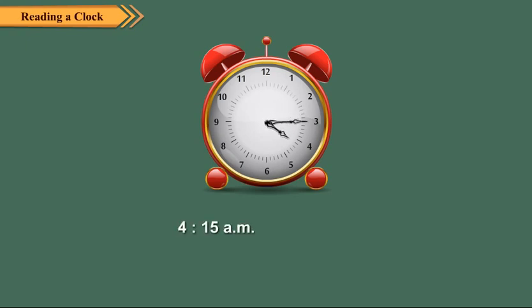So 4.15 is written as 0415 hours and not as 415 hours. 10.08 AM is written as 1008 hours and not as 108 hours. When the time is in PM, we add 12 to the hour to express it as a 24-hour clock system.